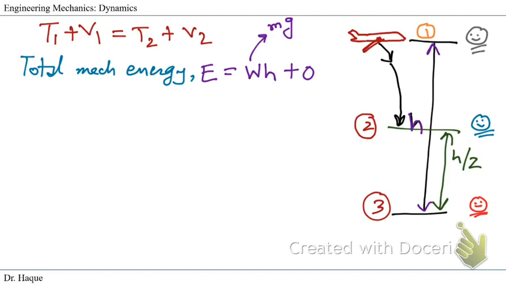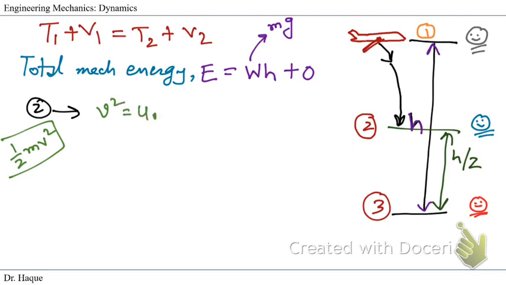At position 2, for the kinetic energy we need the velocity, because we know the kinetic energy is half mv square. So to find v, v square equals u square plus twice g s, because he's falling.